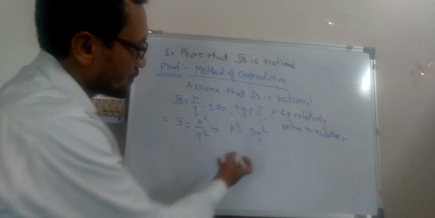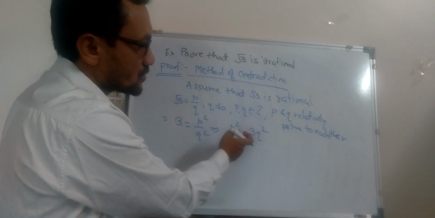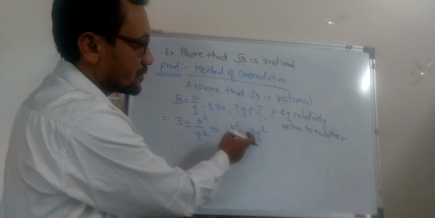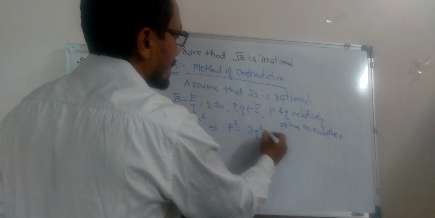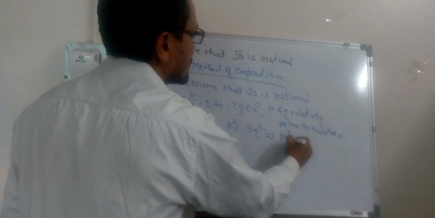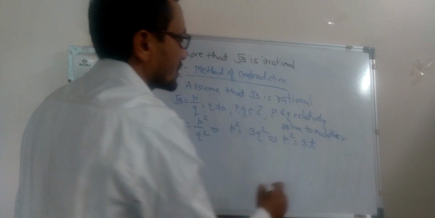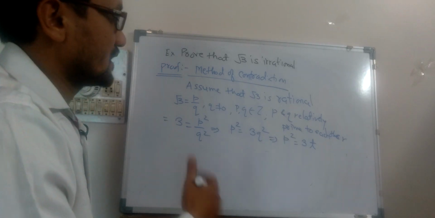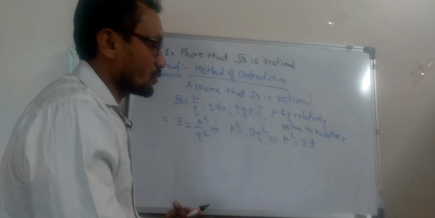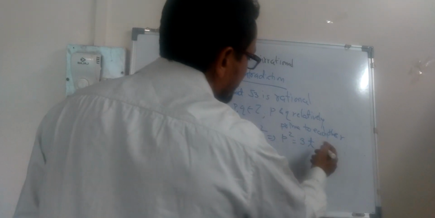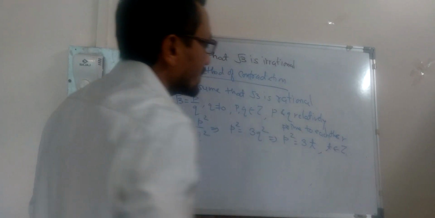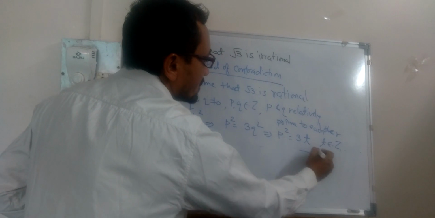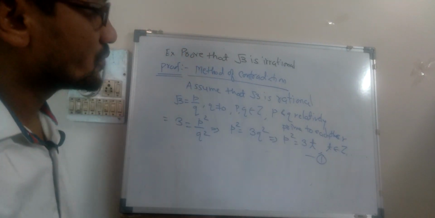Whenever we multiply any integer by 3, the result is in the table of 3. This is a multiple of 3, so p square equals 3t, where t is any integer. This is our first assumption. We identify this as 1.